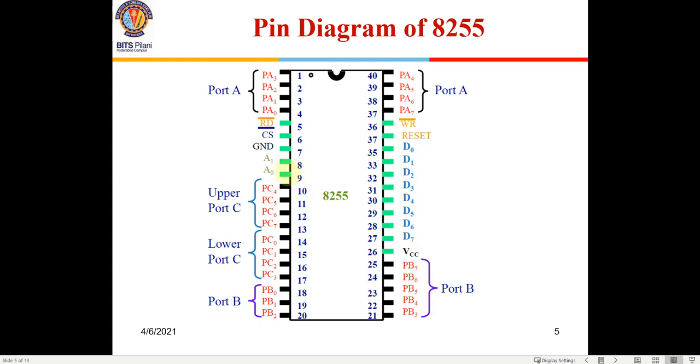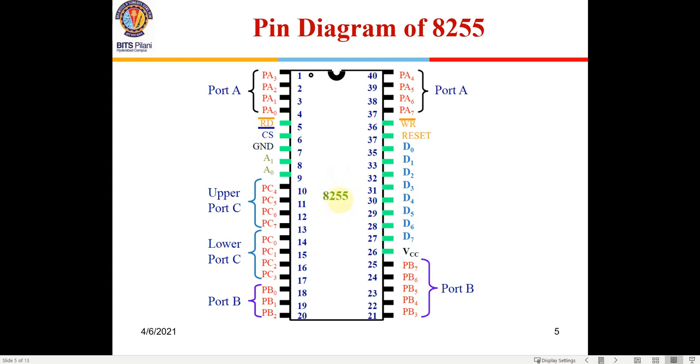If it is 0 0, port A will be connected to these lines from 8086. If it is 0 1, port B will be connected to the data lines, and if it is 1 0, port C will be connected, and if it is 1 1, then the internal register of 8255 will be connected, and into that internal register we are going to program this 8255.